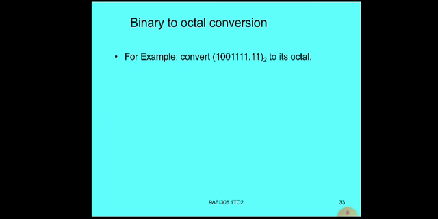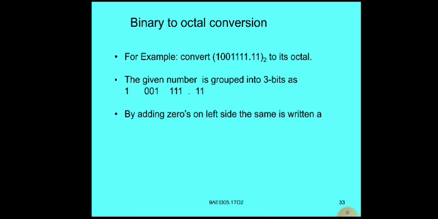Convert 1001111.11. This is the binary number. Let us convert this number into an octal number, with 3 bits as one group. How to do it? As I have already told, from the binary point you go on grouping on the left side, and from the binary point go on grouping on the right side.